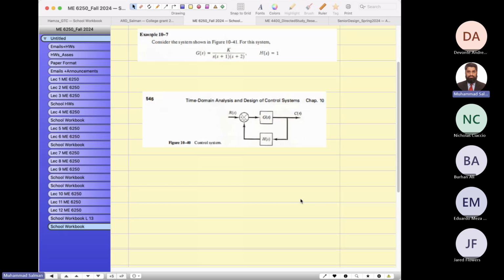This is a block diagram of a closed loop transfer function. If I do the math here, the closed loop transfer function is output over input in the Laplace domain, that is equal to G(s) over 1 plus G(s)H(s). This is our 10-33.